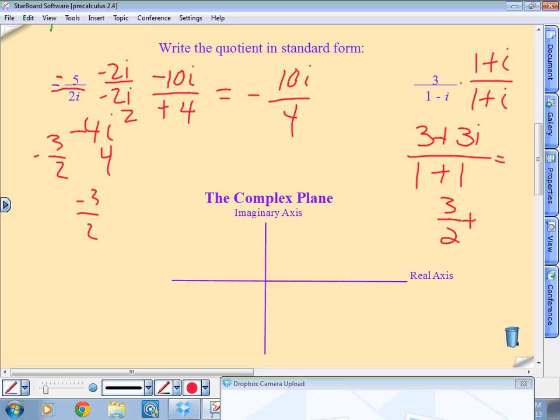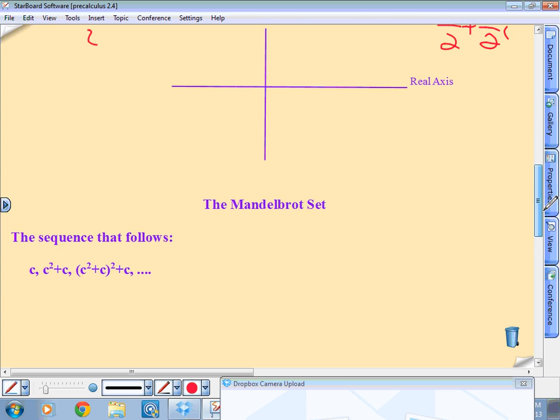Am I right or no? Is that what you had? I had 3i over 2, but it doesn't make a difference. This is just 2, right? So 3 halves here. I have 3 halves plus 3i over 2. That's the same thing. Yeah. Okay.